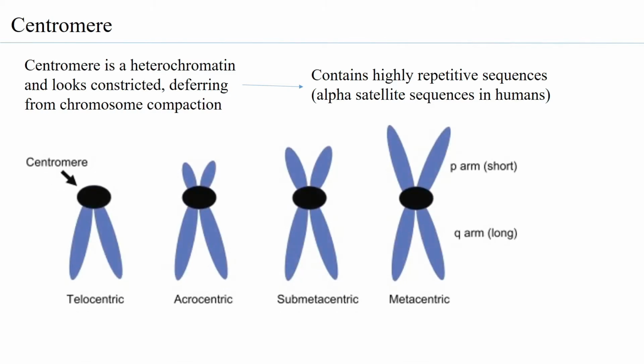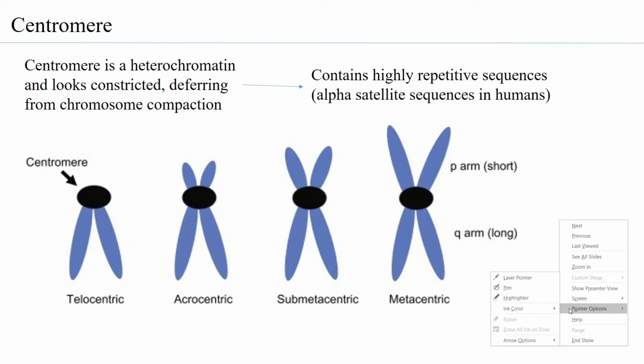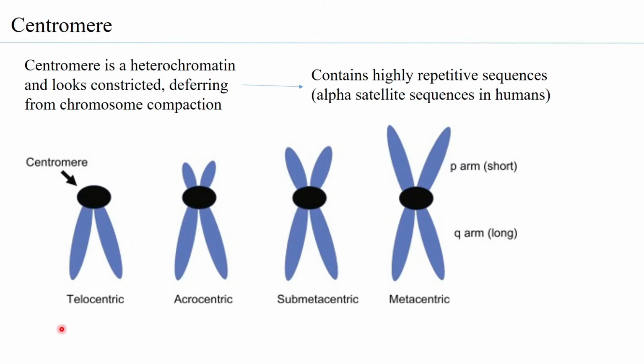Just as mentioned, the positioning of the centromere in a chromosome can be used to classify chromosomes into different types. When the centromeric region is present at the end of the chromosome, the chromosome is called a telocentric chromosome. In this case, there is nothing observed on the other side because the centromere is present at the end.